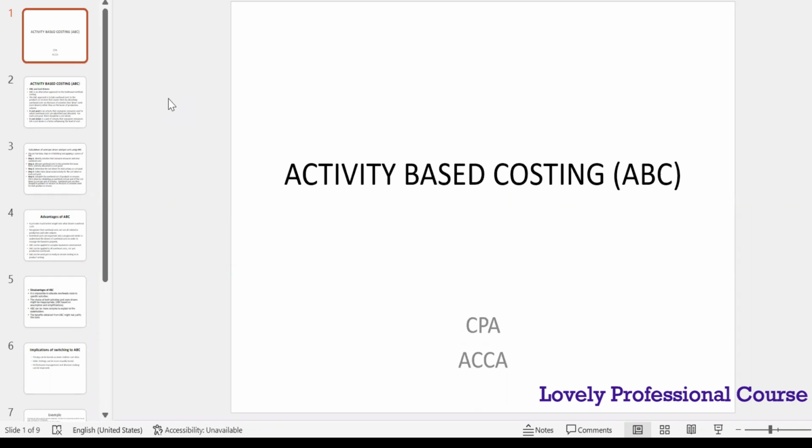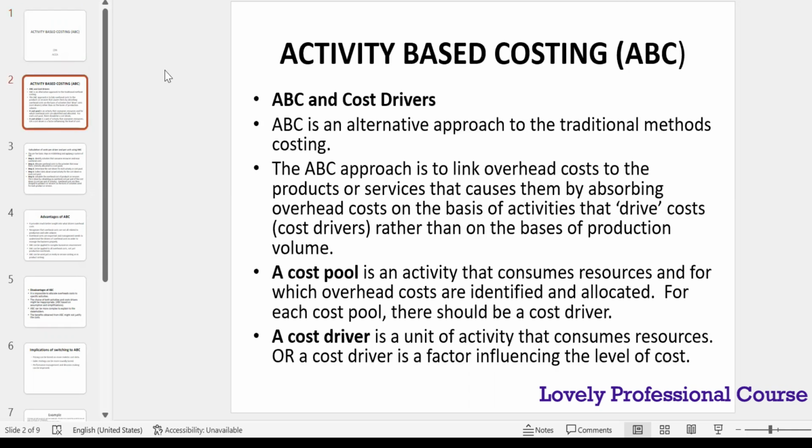So how do we account for overheads? These techniques are used to account for overheads. Activity-based costing is an alternative approach to the traditional method of costing. It helps us to cost a product, to come up with the cost of producing one unit of a certain product.